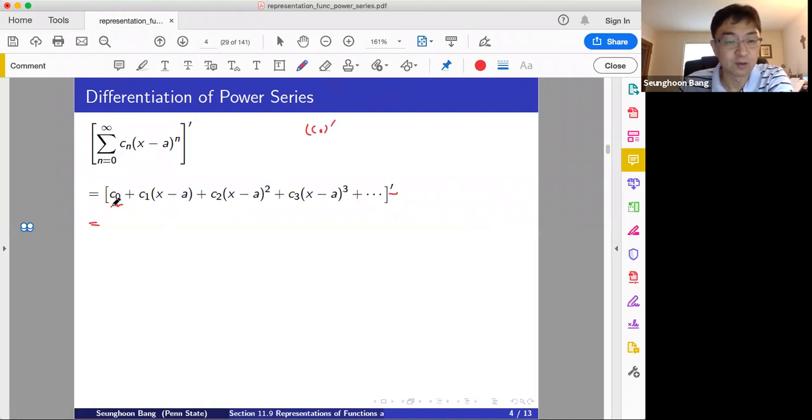The first one. Do you know c0 prime? Zero, because c0 is constant. Yep. The derivative of a constant is zero. You're right. Only zero, plus the derivative of c1 times x minus a.